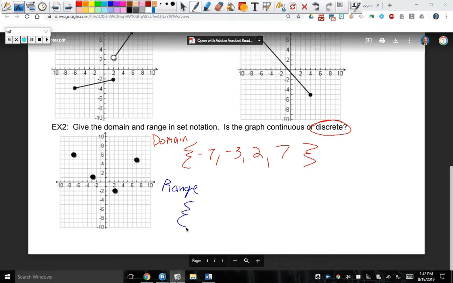Remember, domain is x, range is y. Shalom, what would it be for the range? Okay, so no worries. She was about to list off this y value. So the way we normally do domain left to right, I still want you to do the lowest y value to the highest y value.